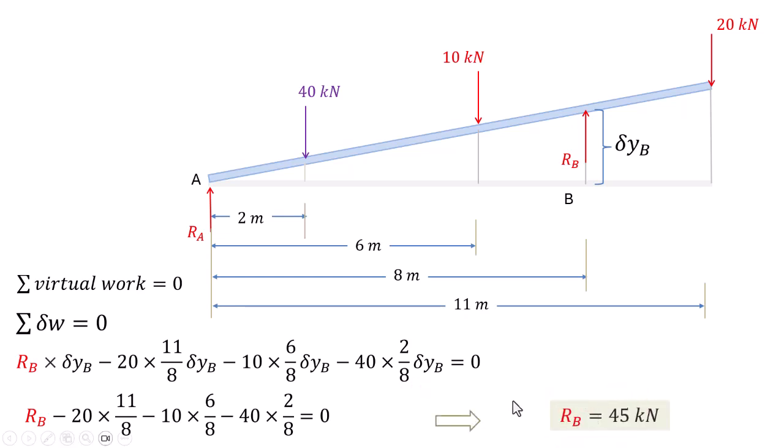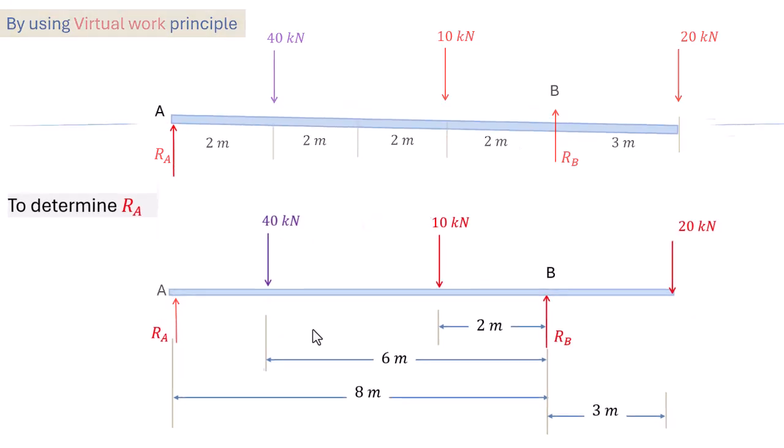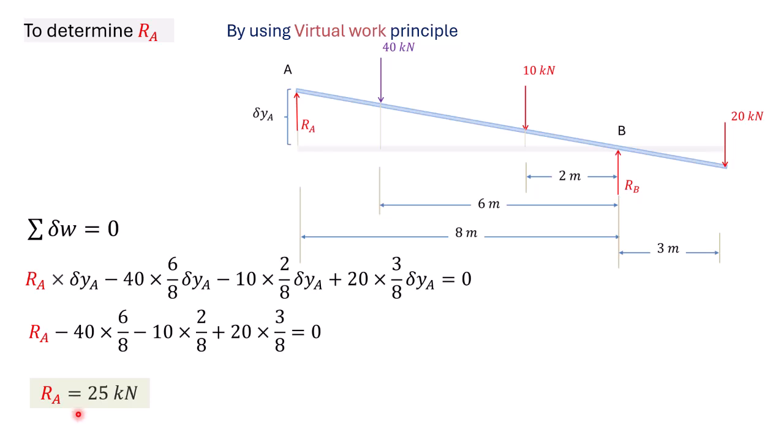Now see here, the same procedure is repeated to calculate the reactive force at point A. The complete solution is shown step by step. You can pause the video at any point to follow the calculations carefully. So these are the final support reactions, and with this the problem is completed.